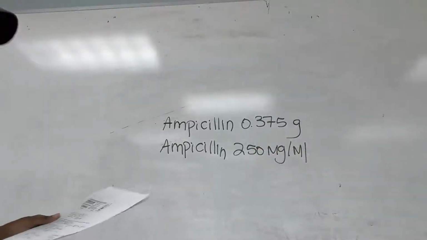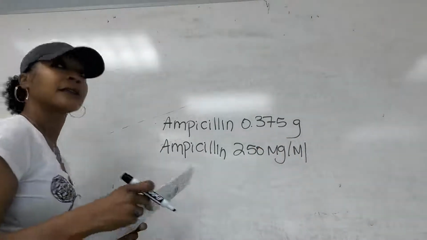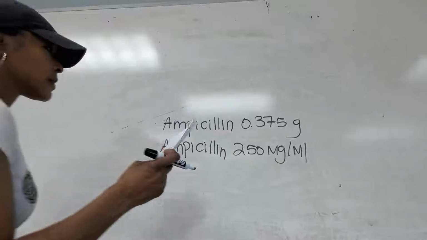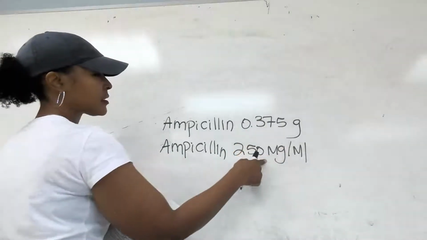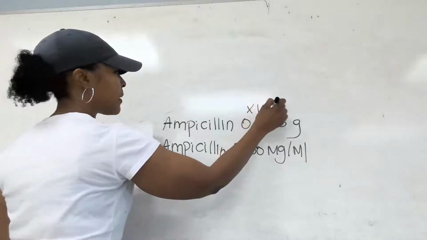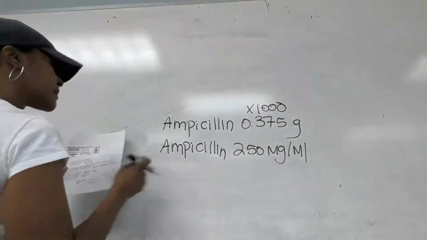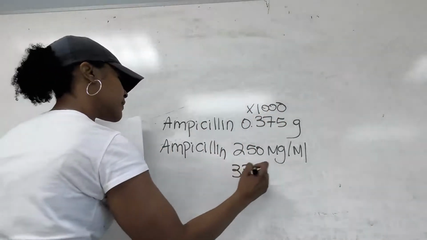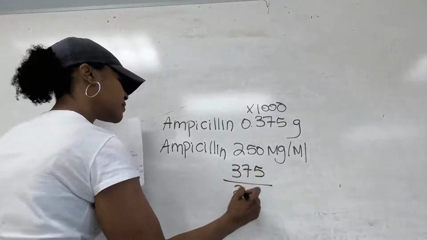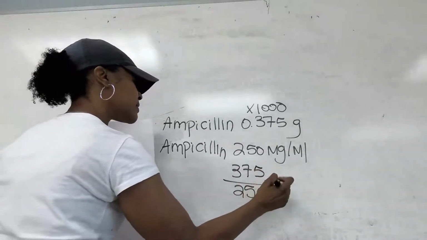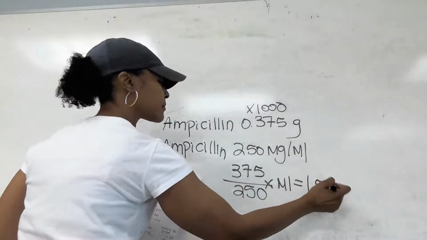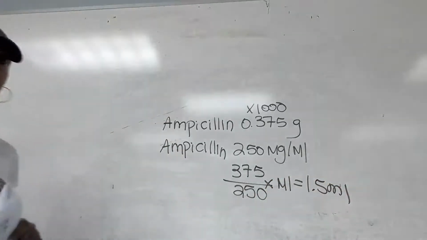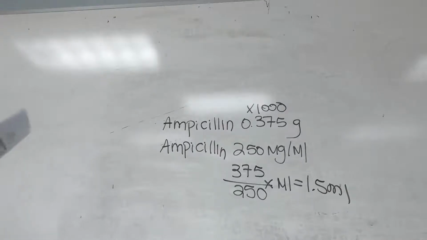So we already know when you see per milliliter, it's going to end in a decimal. All right, so we have to convert grams to milligrams. We're going from largest to smallest. We multiply by 1,000, and that gives us 375 divided by 250 times milliliter, 1.5 is the answer. Very good.